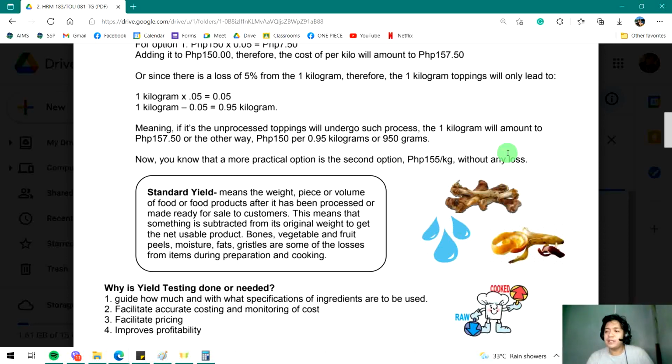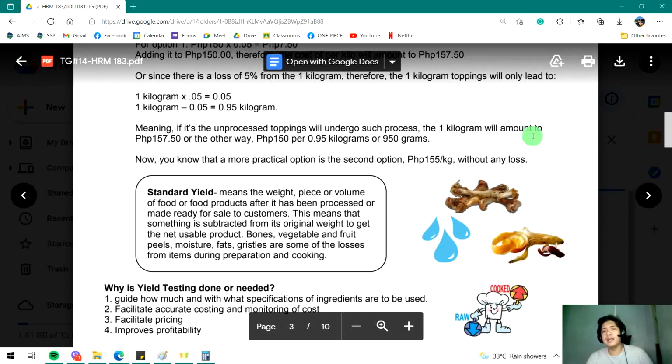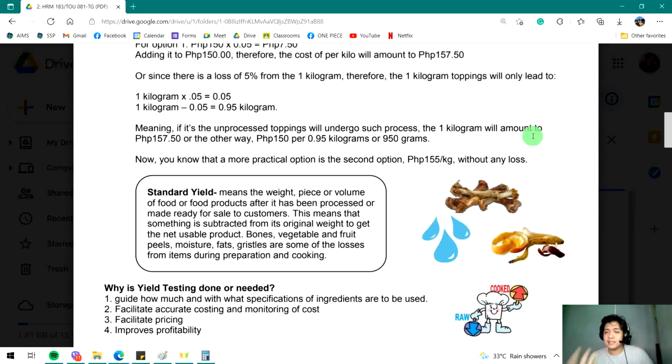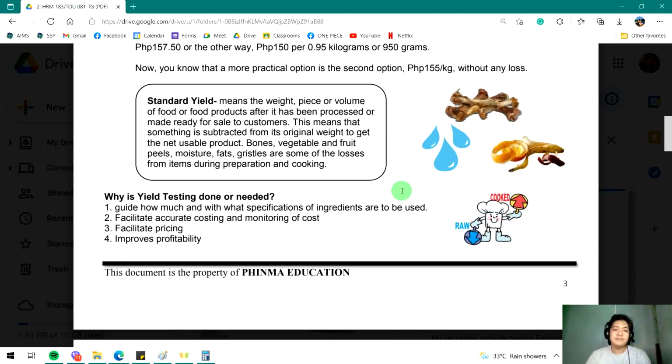Yung mga gulay, mga prutas na kailangan nating ipil at hiwain, tanggalan ng mga buto, makikita nyo buto ng mga meats na binibili natin. Meron at merong loss, meron at merong shrinkage, meron at merong wastages. So, yun yung pag-aaralan natin dito sa standard yield.